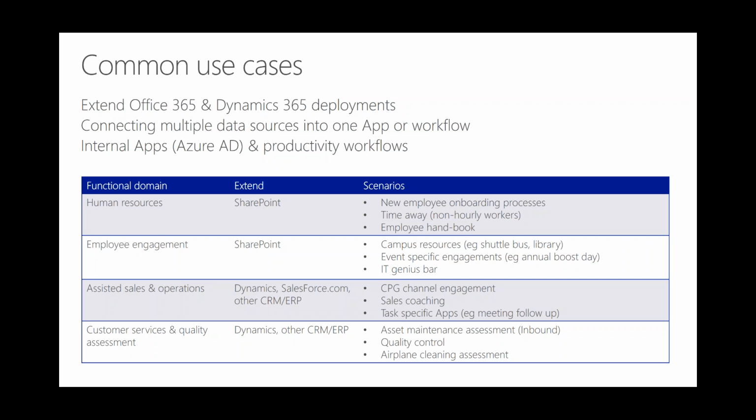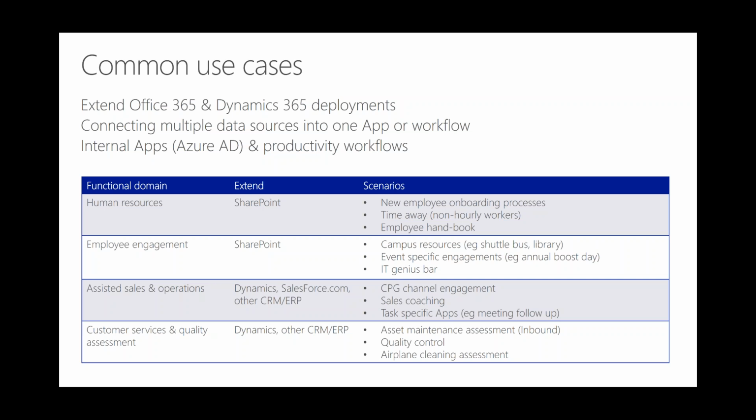Now we have a Power App that I can use from my phone wherever I am on campus, and I can book a shuttle. It'll come pick me up and take me from one side of campus to the other, from building to building. Being able to build those company-specific resource apps that engage with employees is really fantastic.